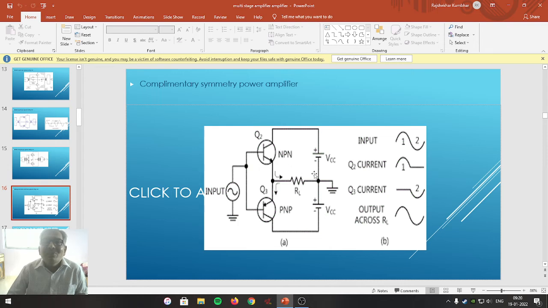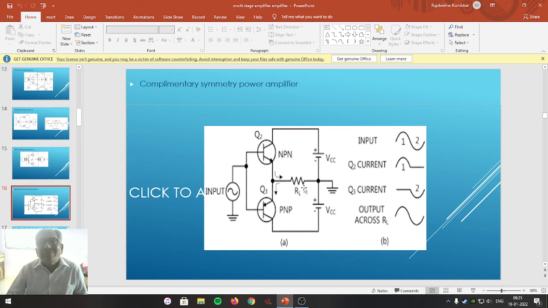Hence, IC2 doesn't flow. But simultaneously, transistor Q3 is PNP and it is going to receive the negative half cycle at the input. That's why Q3 is forward biased. Hence, collector current will flow through transistor Q3 in the lower half of RL.